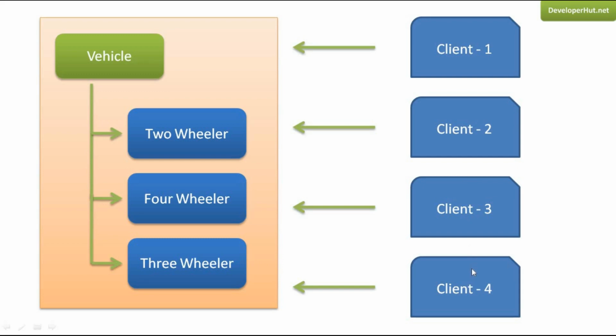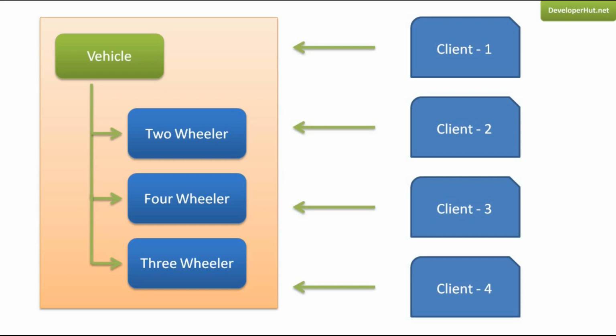So in this case, all the clients need to update their creational logic, which is a bit difficult. And also, let's say there are thousands of clients which were using your vehicle object, in that case it's very difficult to convey to the clients that they should update their business logic.